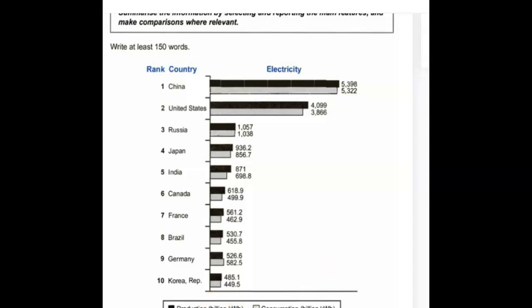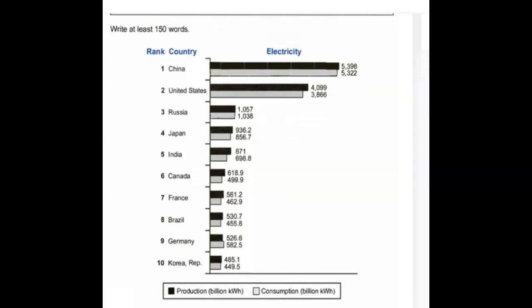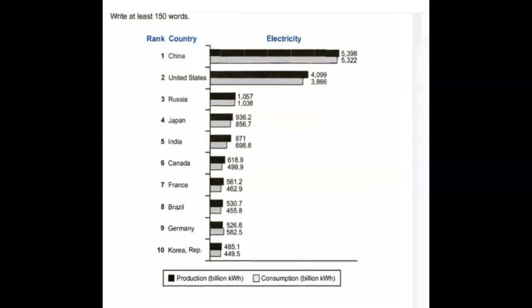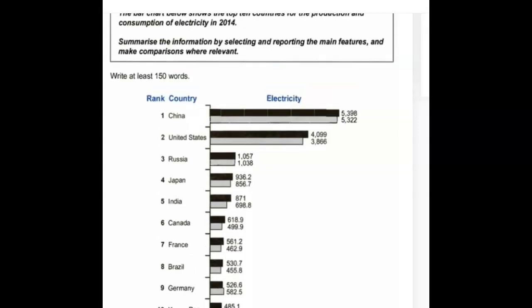So let's talk about some things that you could say about this particular bar chart. You would want to start, after you do your introduction, let's assume that you've already done your overview, with your details, so you would clearly start with China. And you would say that production of electricity was only slightly higher than consumption at, and this is another really important thing, the kinds of prepositions that we use here.